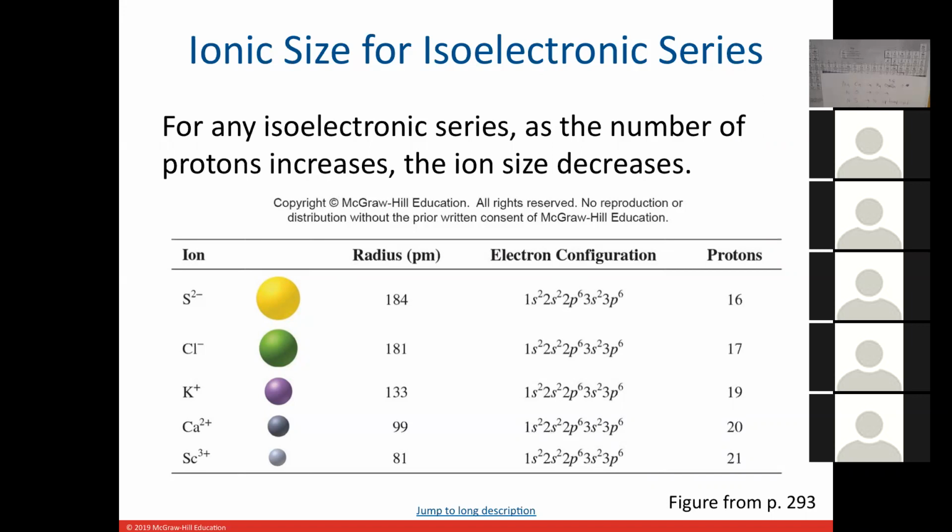So if I look at sulfide, chloride ion, potassium ion, calcium ion, scandium ion, all of these are isoelectronic. They all have the electron configuration of argon, right?